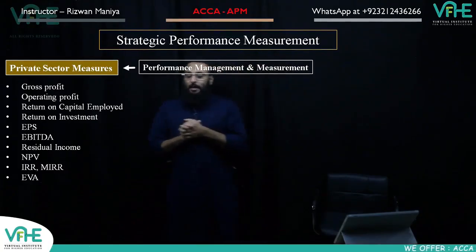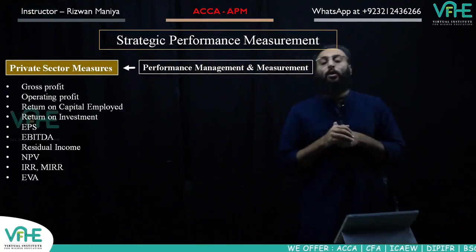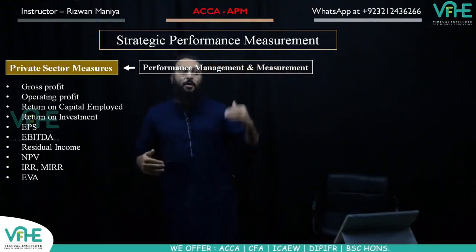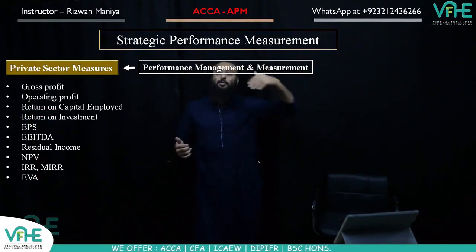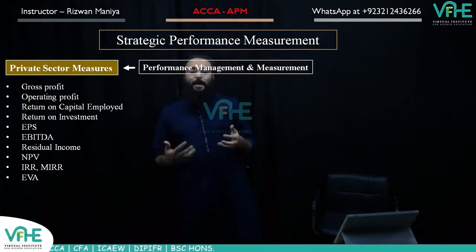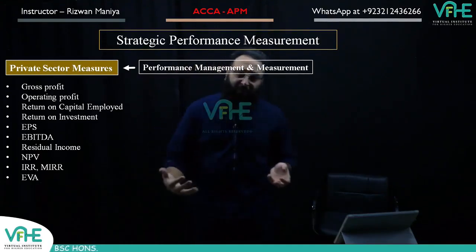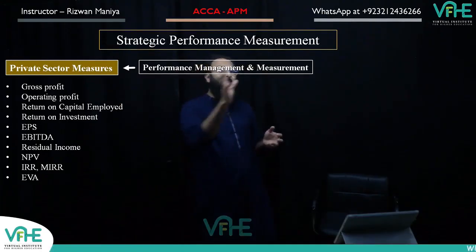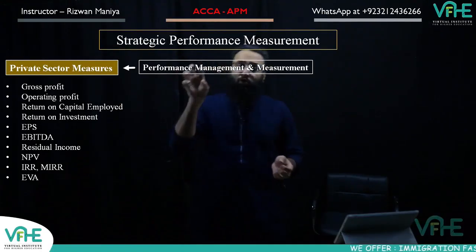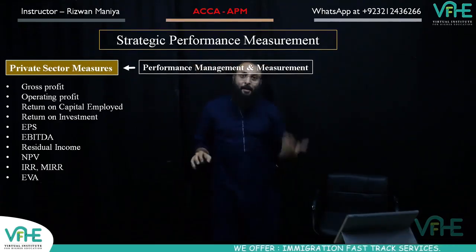Then from the economic capital employed point of view, it is very important to remember the default assumption that the capital employed that we use is of the start of the year. So anything that I add back in my profits to convert accounting to economic profits will not be added back in case of capital employed, because whatever I add back relates to that particular current year, which is not part of the opening capital employed.